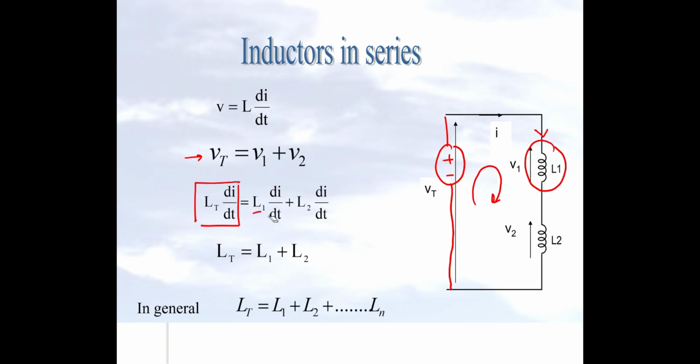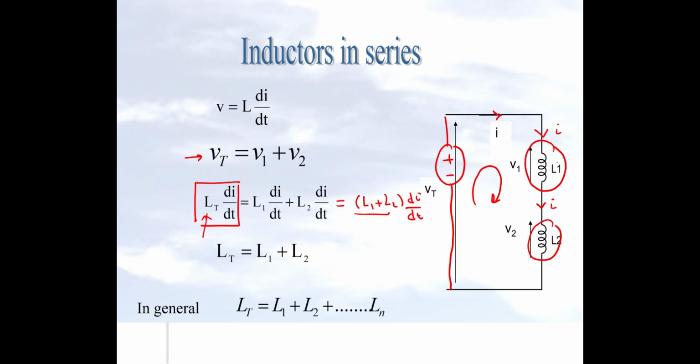But since the current going through L1 is the same as the current supplied, because they are in series, which is also the same as the current going through L2, I1 is equal to I2 and both are equal to I. I can get V2, which is the voltage across inductor 2, as L2 di/dt. Now the right-hand side can be written as L1 plus L2 times di/dt. So in order for this equation to match, I should have LT equal to L1 plus L2.